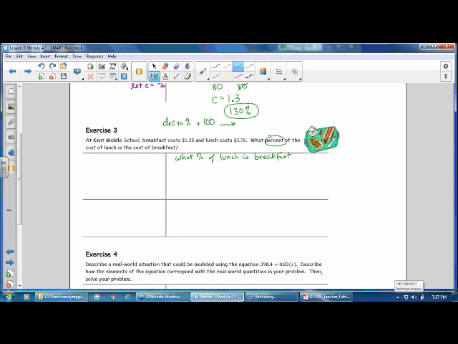No, this is tricky. What percent of lunch is breakfast? So our lunch is our whole and our breakfast is our part or our quantity.